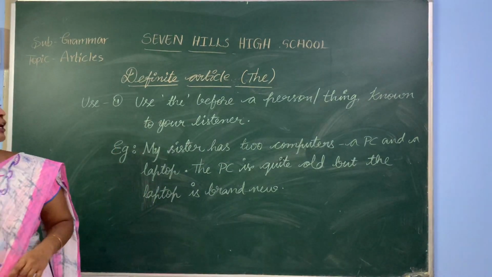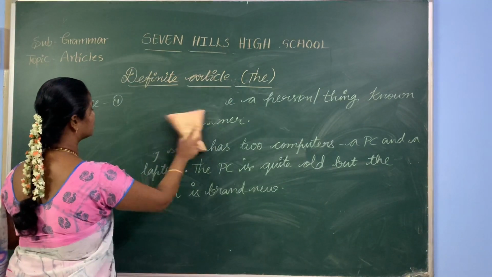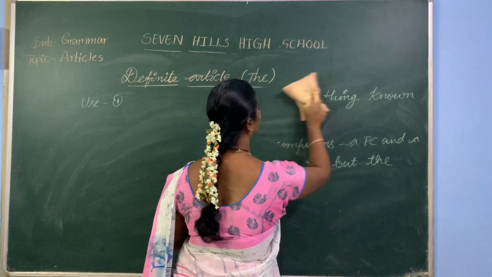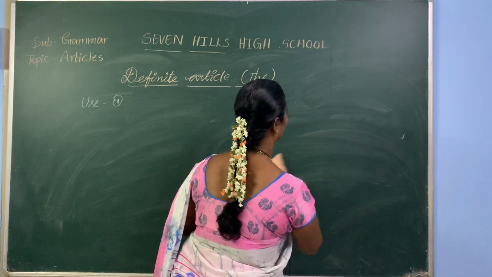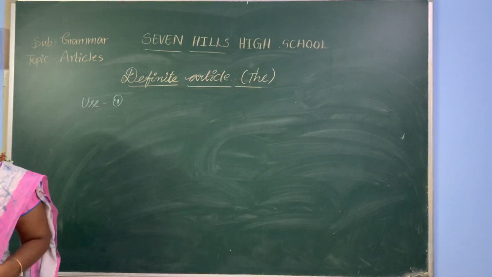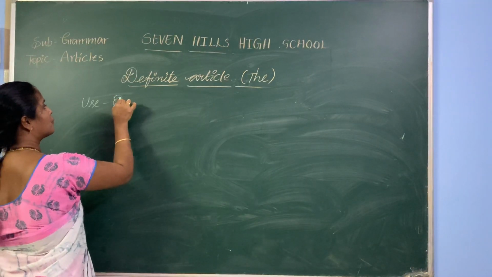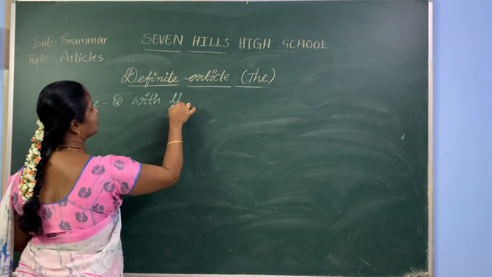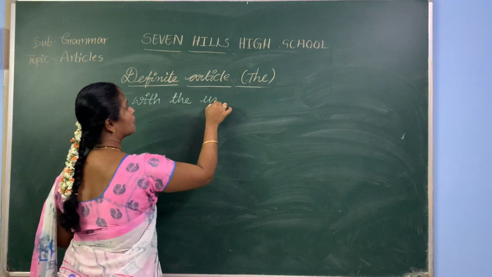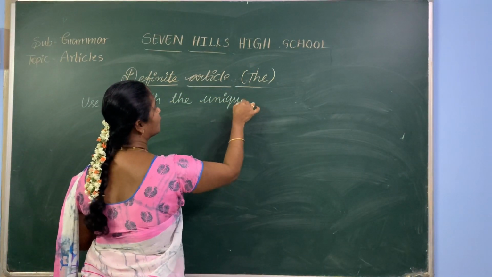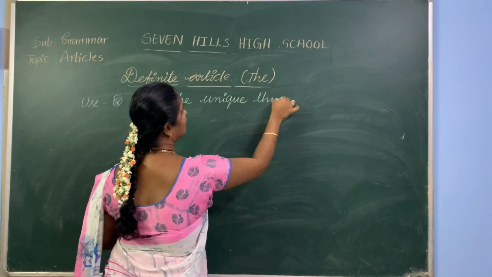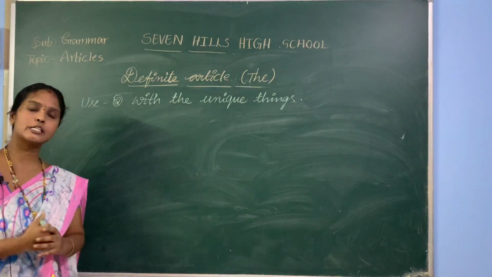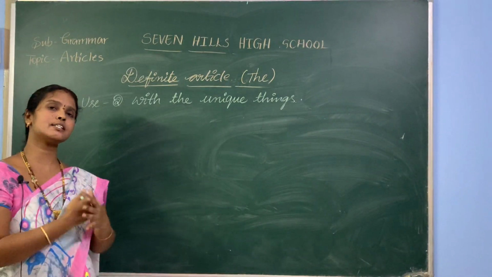And the second use. Use number 2. With unique things. Unique means where there is only one such thing.